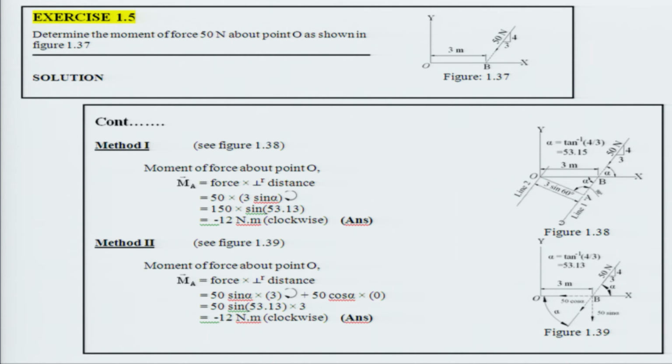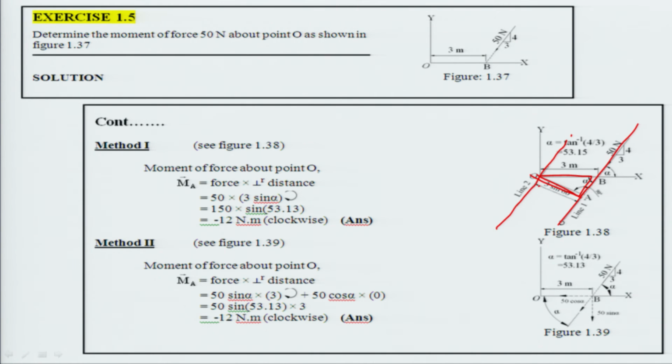So, the first method says force into perpendicular distance. To calculate the perpendicular distance, we need to draw a line parallel to this, and the distance between these two will be the perpendicular distance, calculated with the help of this triangle.